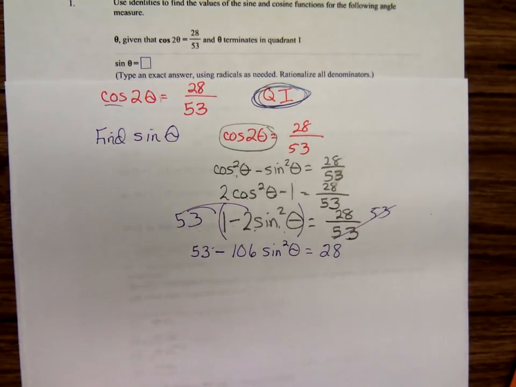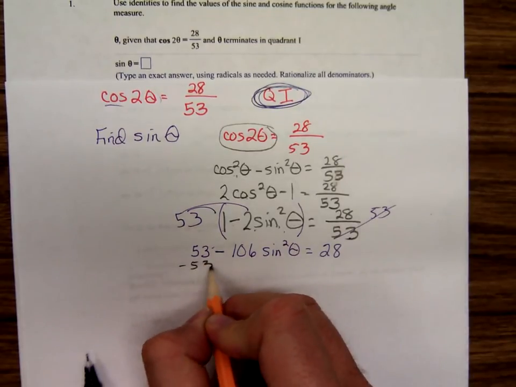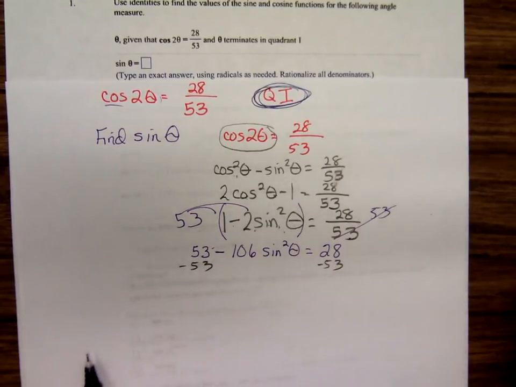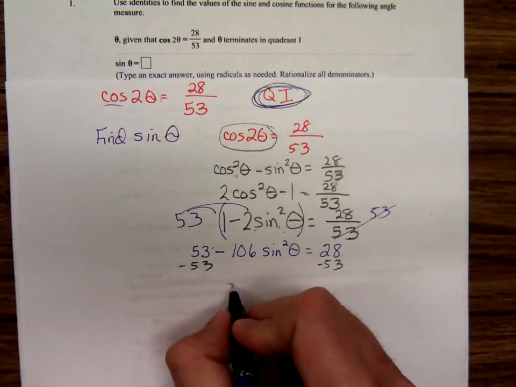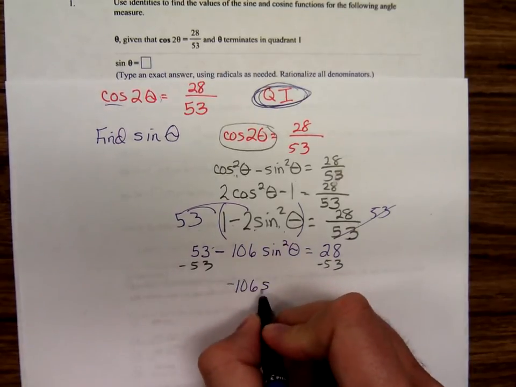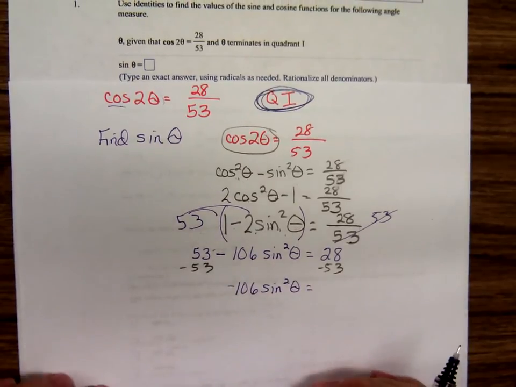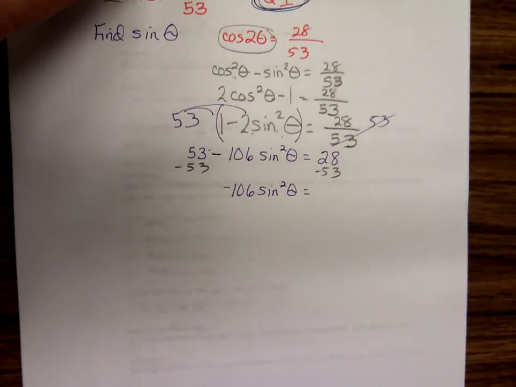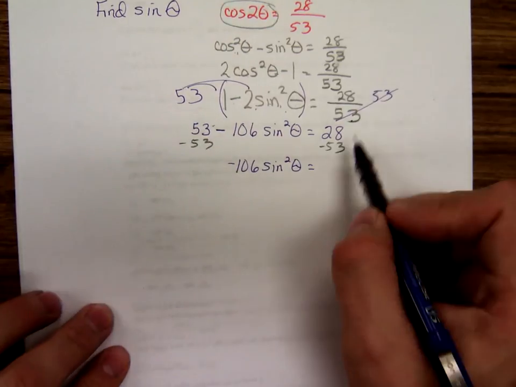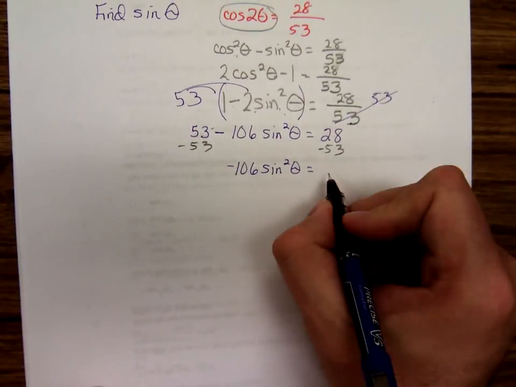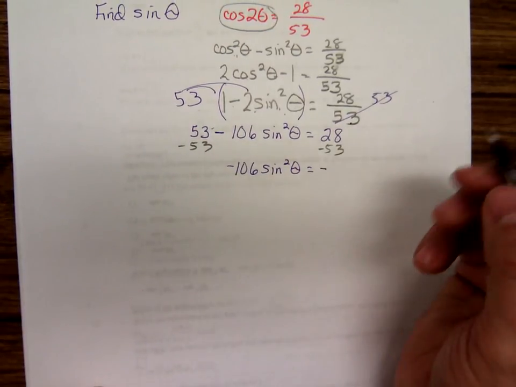It's going to fall out pretty easily now. Subtract 53. So we have a negative 106 sine squared theta equals, I'm going to move up. Let's see, 28 minus 53, is that a negative 25?